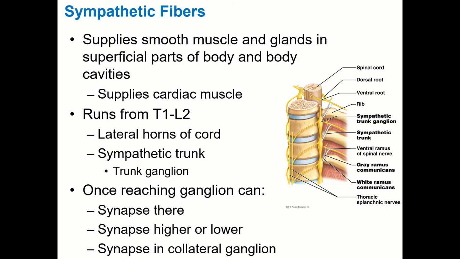the sympathetic fibers have a little more direct influence over the heart in that both the parasympathetic branch and the sympathetic branch affect heart rate. Parasympathetic slows it down, sympathetic speeds it up, but only the sympathetic side affects myocardial contractility, which is how hard your heart beats.